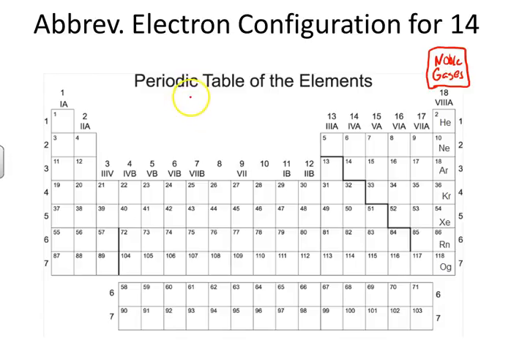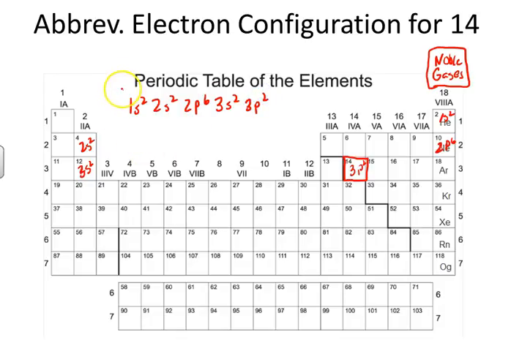So if we're going to abbreviate, let's do the unabbreviated electron configuration for element number 14. We would have 1s2, 2s2, 2p6, 3s2, 3p2.